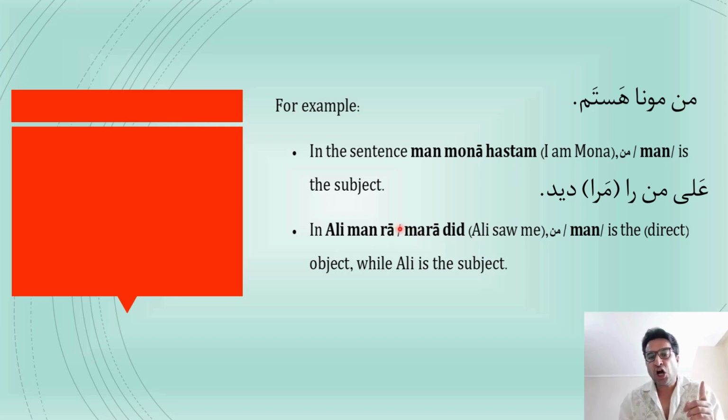So this ra actually is a signal that the word before it is an object in Persian language. So man ra, one version, and mara, that is another version to say the same word. Good. Now let me go deeper into subject and object pronouns in Persian in the next slide.